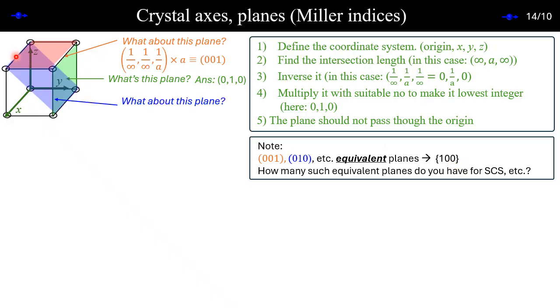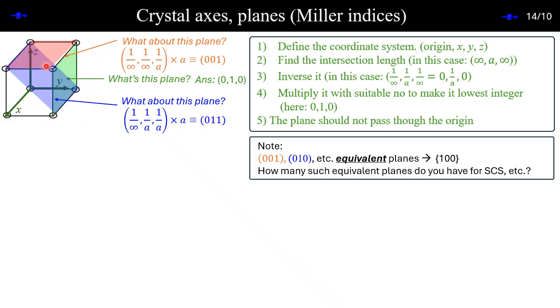What about this plane? This plane is different, right? Certainly different from these two. Find the Miller indices for this. Why is it intersecting the x axis at infinity? Then y, z, like that.